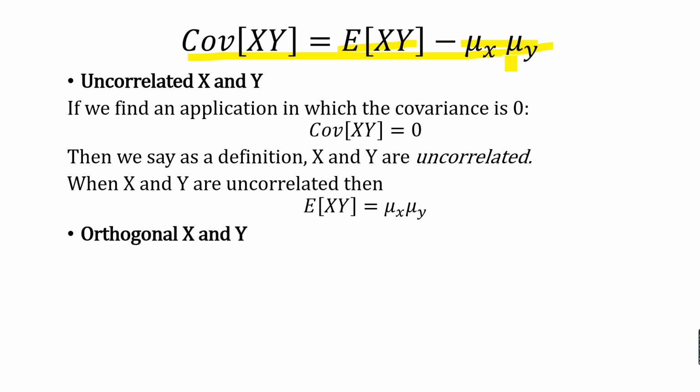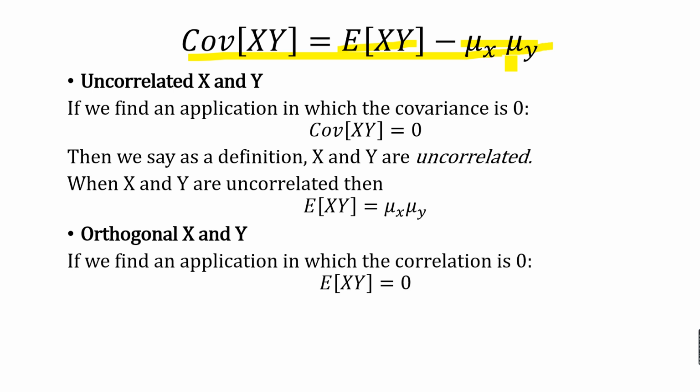All right, what do we mean by orthogonality of x and y? If correlation of x and y is 0, then what is the value of covariance of xy? It equals the negative of the product of the means of x and y. When do you say that two random variables x and y are orthogonal to each other? The condition is that correlation should equal 0.